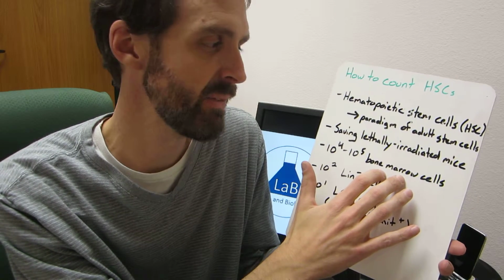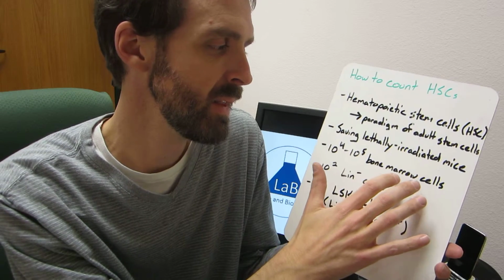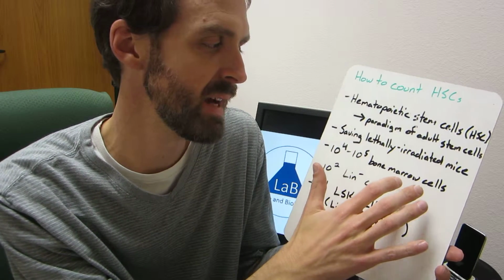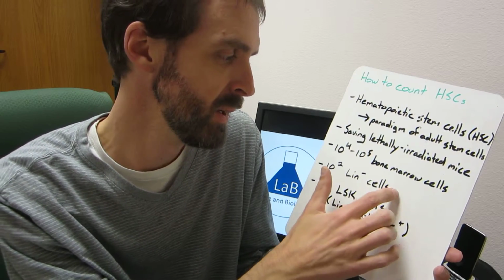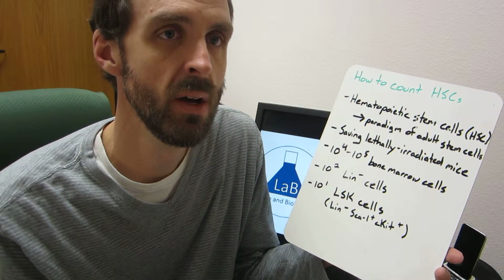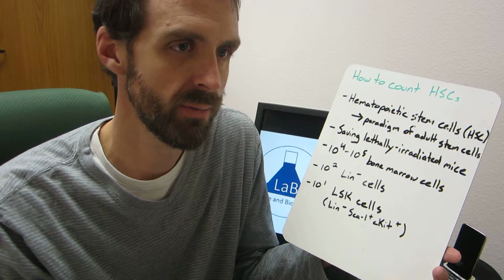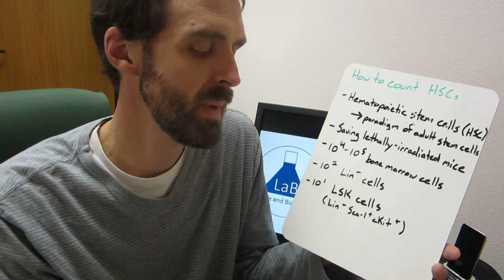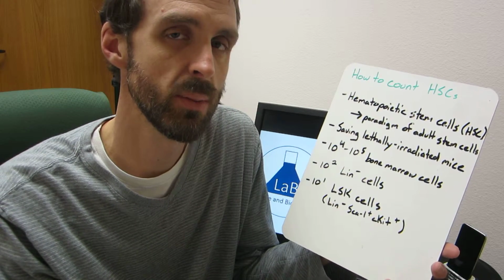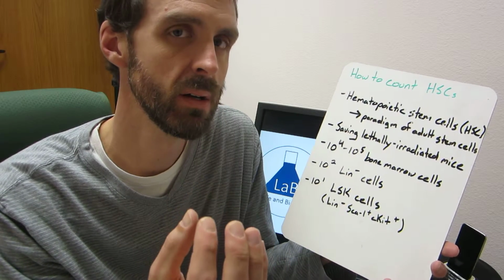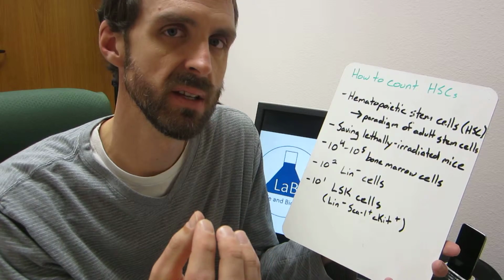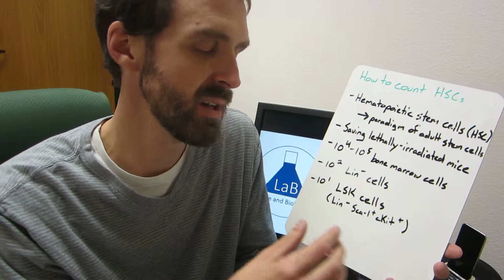And then they wanted to take these stem cells. They knew it was a mixed population of cells, and they wanted to narrow down the type of cell that is the hematopoietic stem cell. So the first idea they had was that if you're looking for the stem cell, maybe what you'd want to do is get rid of all the cells that are expressing a marker of being a specific white blood cell lineage.